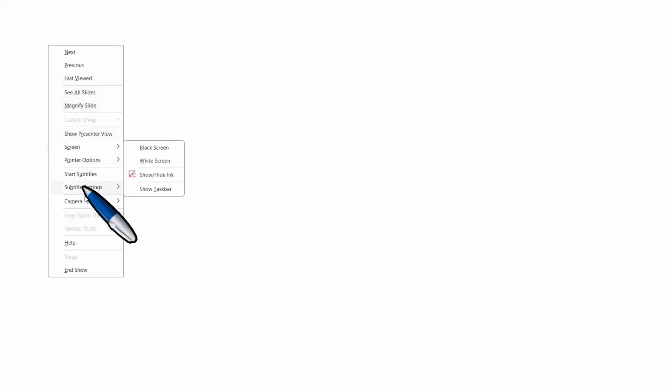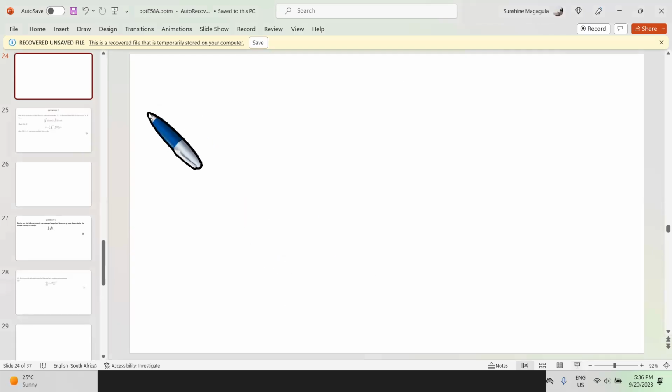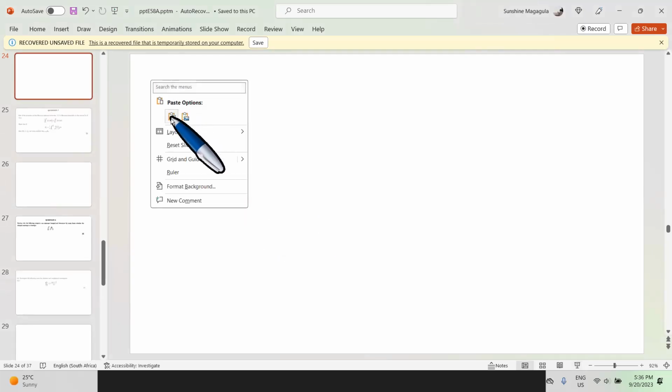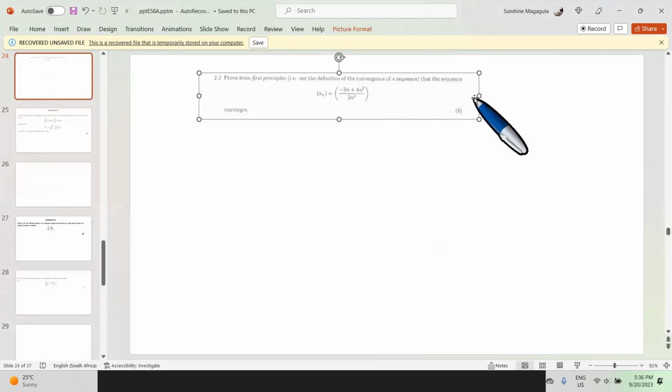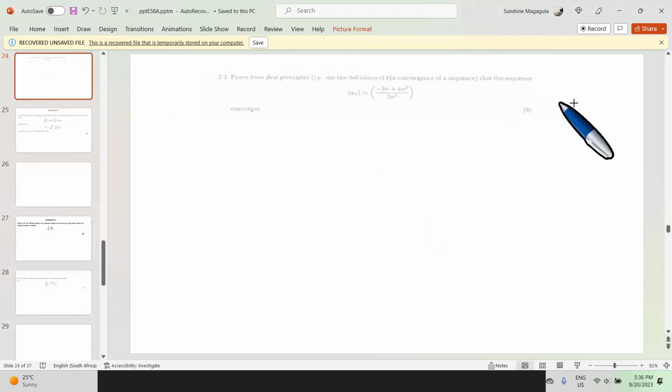Previous. Next, previous. Show that screen pointer. Something like that. Okay, just one sec. Trying to include this question here.